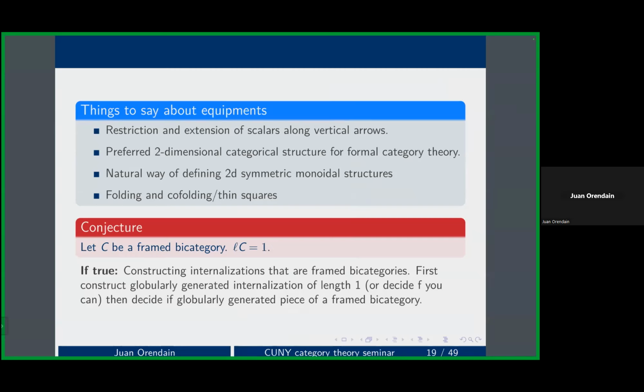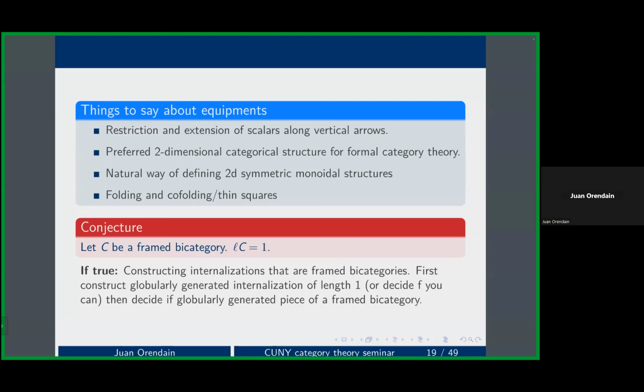It gives you a natural way of defining 2-dimensional symmetric monoidal structures. The symmetric monoidal bicategory is its own thing, and it's very nice, but sometimes it's too difficult. If you're doing algebra and you want your bicategory of algebras of whatever sort to be a symmetric monoidal bicategory, then the usual definition is completely inefficient and unnatural.